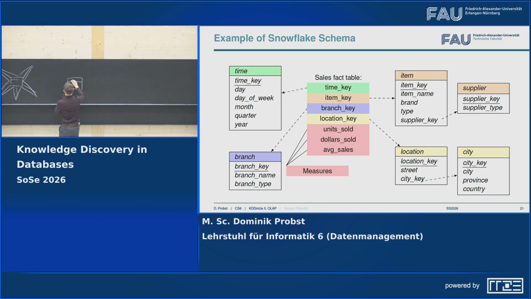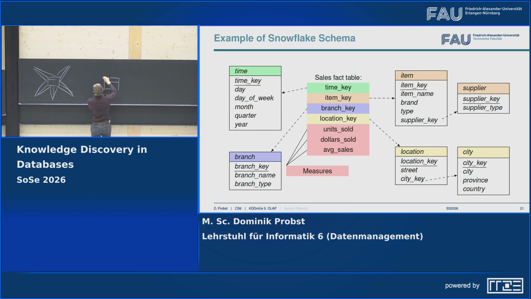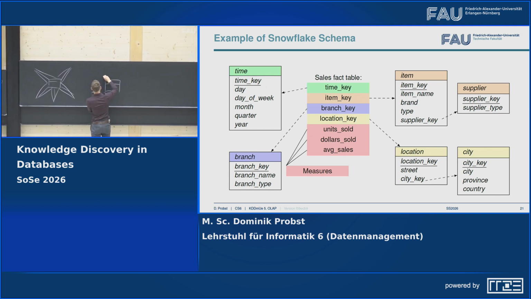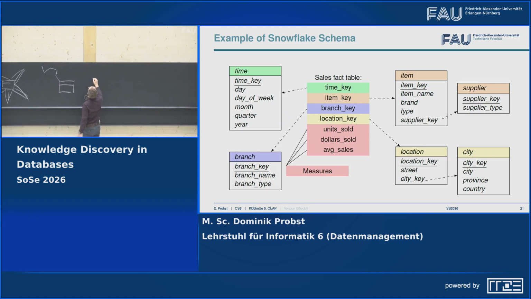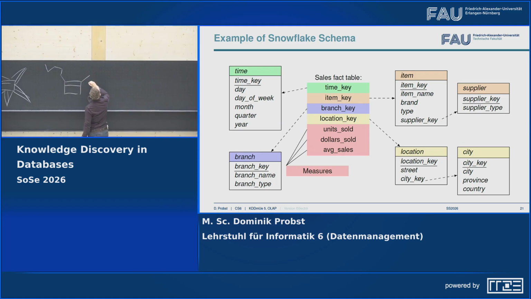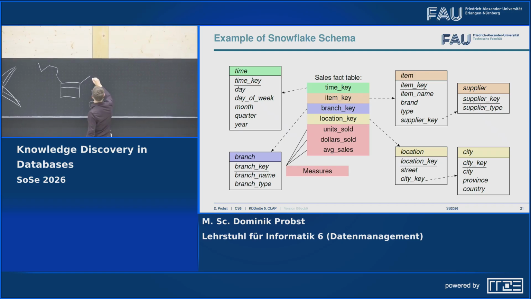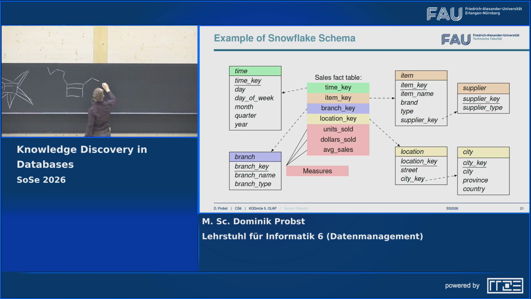So we have one table for day. We have one table for day of week. We have one table for month. We have one table for quarter. We have one table for year. In item, we have one table for item name. We have one table for brand. We have one table for type.